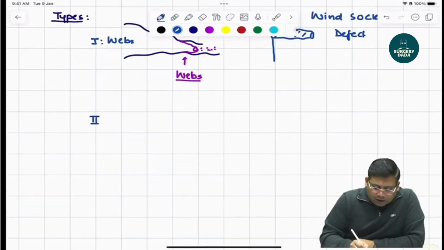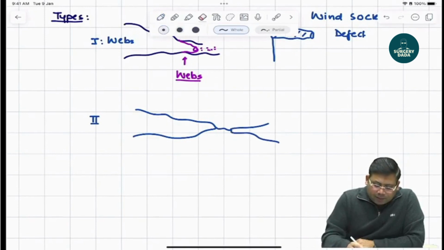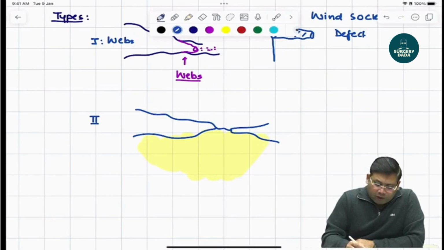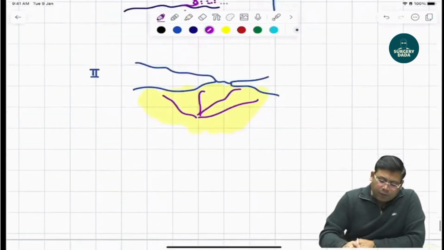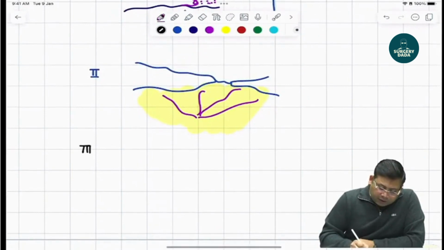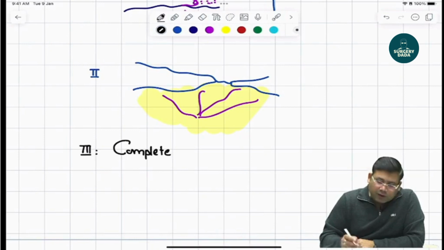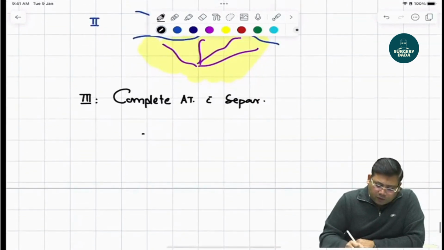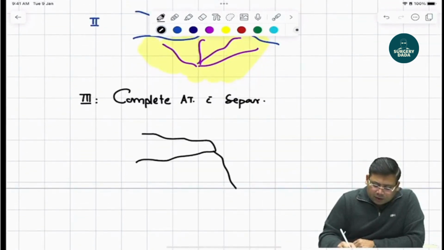Type 2 is an atresia where the atresia is complete, but the mesenteric separation is not there. The mesentery is intact, and this is very important. When we talk about type 3, this is complete atresia with separation, or a V-shaped mesenteric defect. So type 2 is different; the separation is not there. So if you see here, this is how things are.